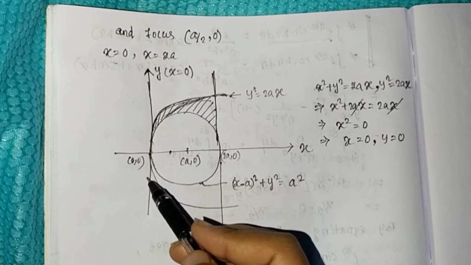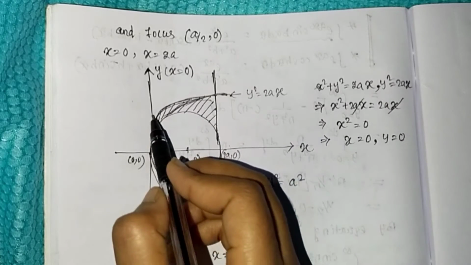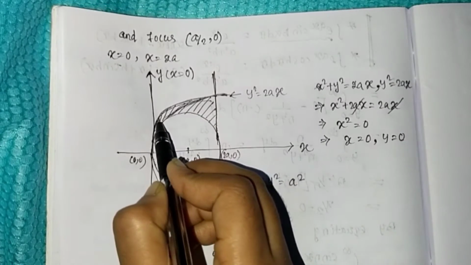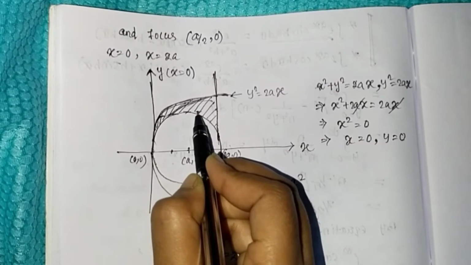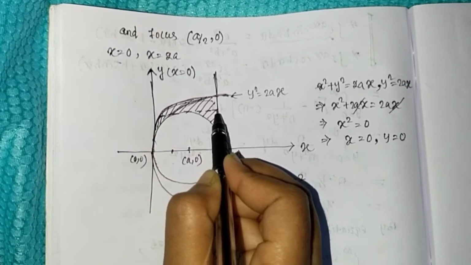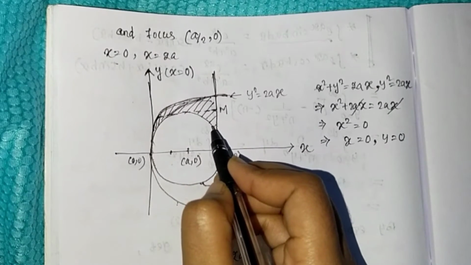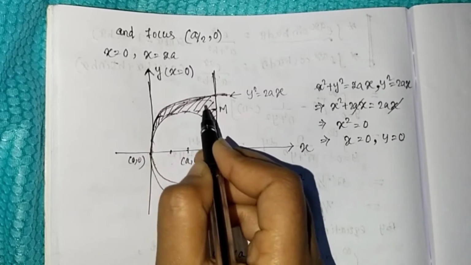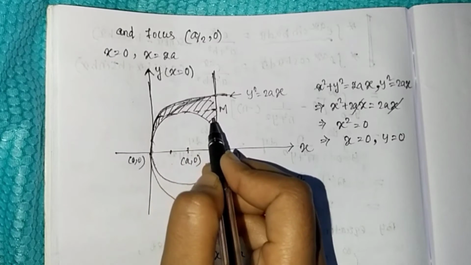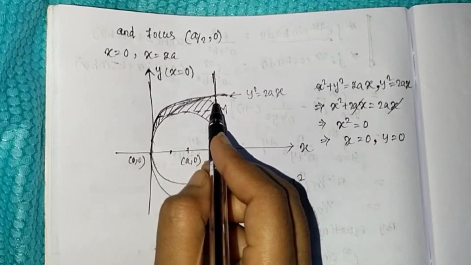So to find the region, we draw a line, that is a partition. Here it is our partition, that is our M. So the region is this one, this one, this one. Here the region will be different, here the region will be different, here the region will be different.